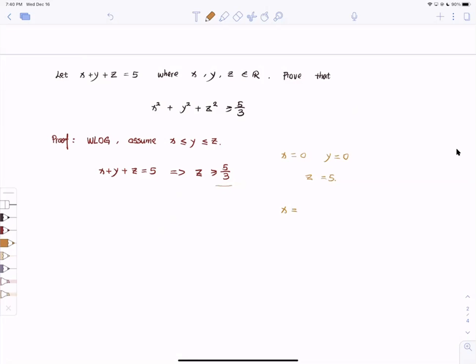Let's say x equals 5 over 3, y equals 5 over 3 as well. Then your z has to be 5 over 3. If x or y, any one of those, is bigger than 5 over 3, then your z is definitely not bigger than x or y.